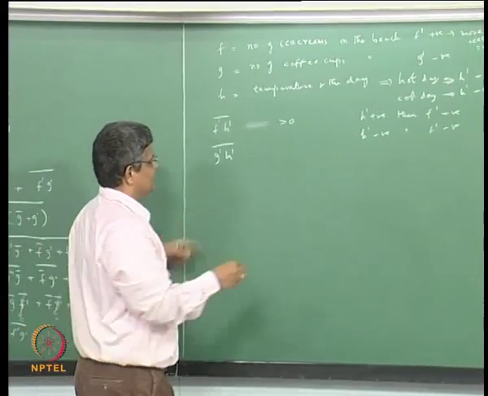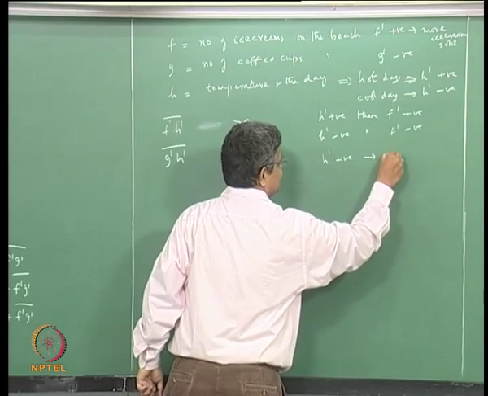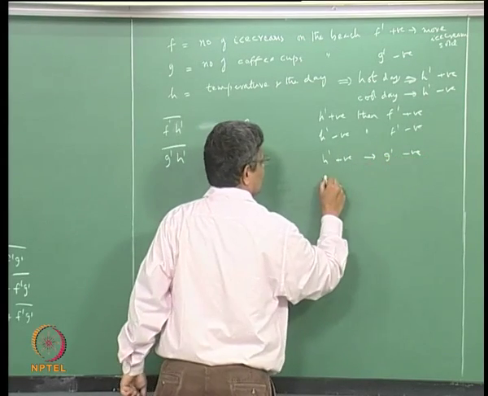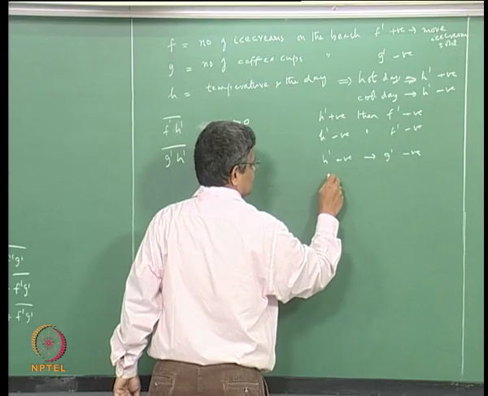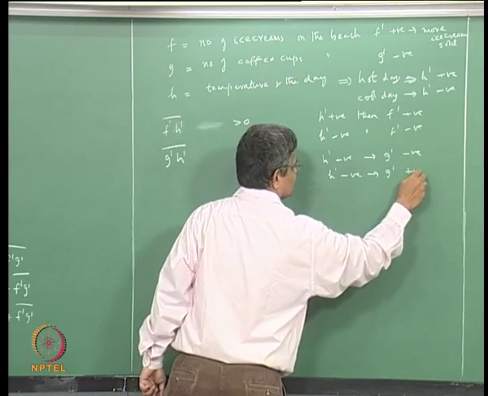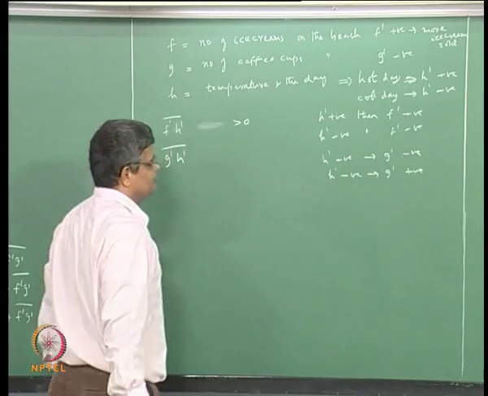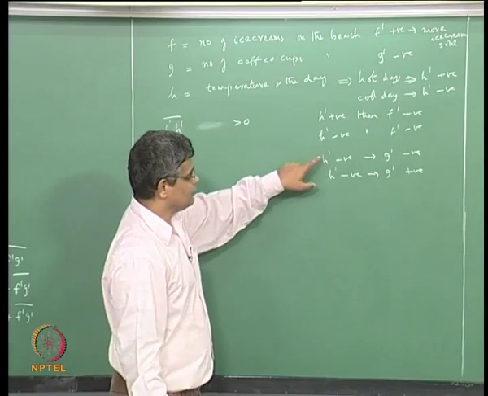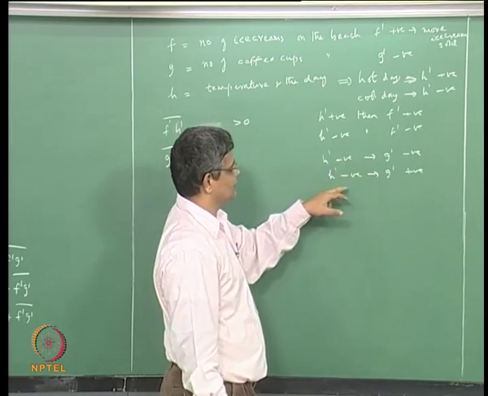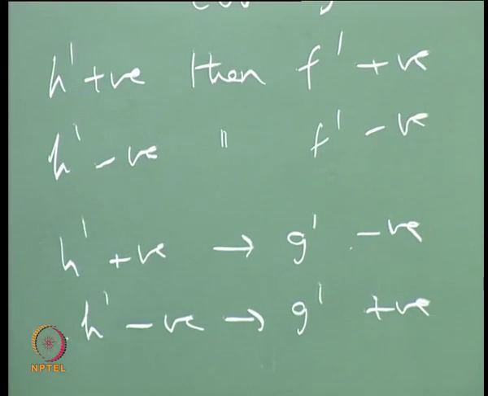So h prime positive means g prime will be negative, and h prime negative means g prime is positive. So the product of h prime and g prime is going to be negative when h prime is positive, and again negative when h prime is negative because g prime is going to be positive.